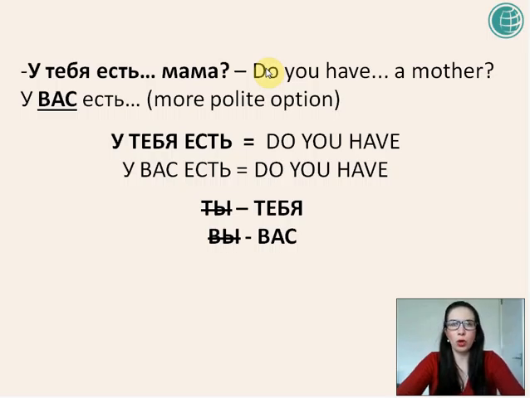You just don't focus on it too much. Just remember, anytime you want to say I have or do you have, you will need to use у and another form of the pronoun. So exactly similar. It's supposed to be вы, you, but we change it to вас, another form. У вас есть, like someone.